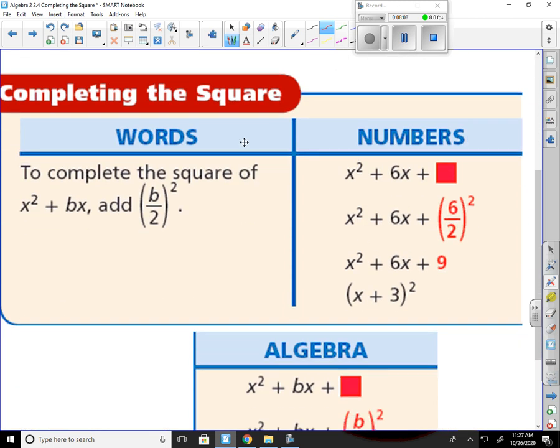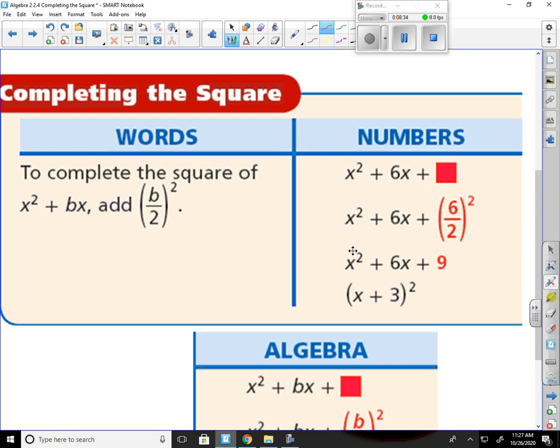So to complete the square of x squared plus bx, you add b over 2 and square it. So if I started with x squared plus 6x, I would do 6 over 2 squared. 6 divided by 2 is 3. 3 squared is 9. So it's x squared plus 6x plus 9.